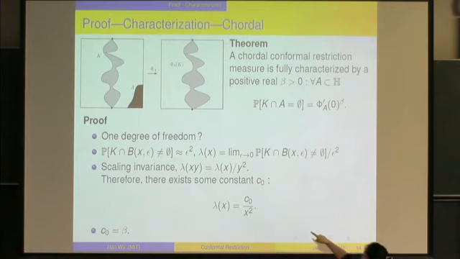So this lambda function should have the form in this way, and there's only 1 degree of freedom. Sorry, maybe this is not how they prove this theorem in the paper, but this is the idea that we can apply in parallel to the radial case. So the scaling invariance explains that there is at most 1 degree of freedom. This is the proof for the characterization part for the chordal case.